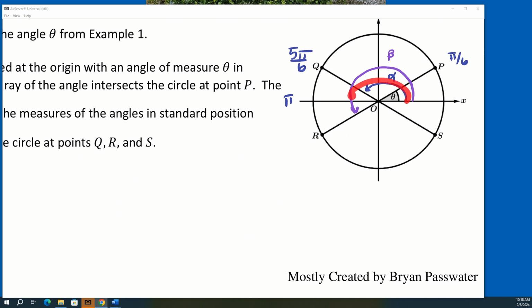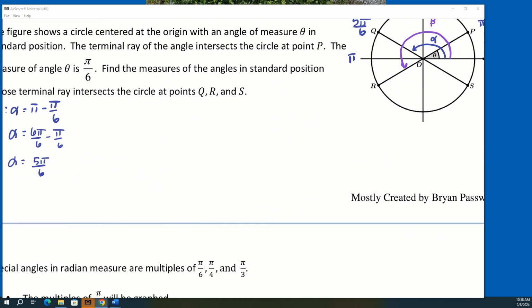So we go all the way to pi plus that pi over 6. So for r, we're going to call that angle beta. It's going to be pi plus pi over 6, or 6 plus 1, 7, 6.